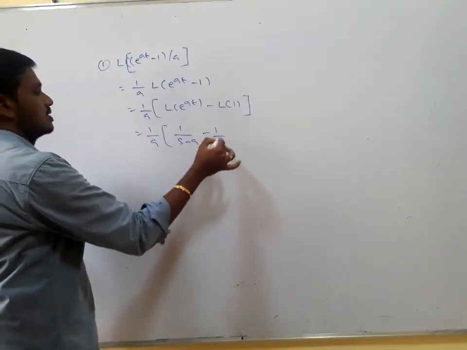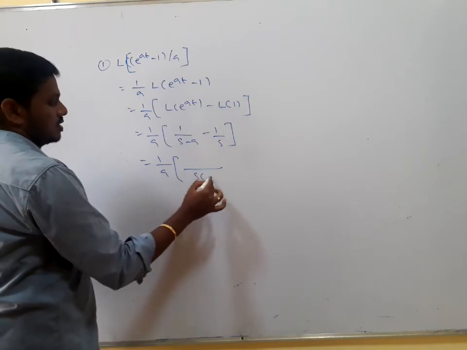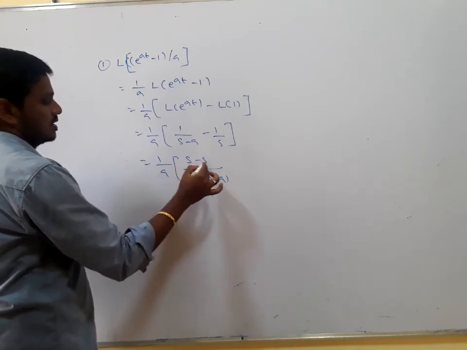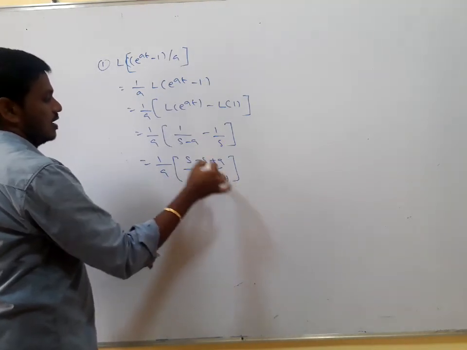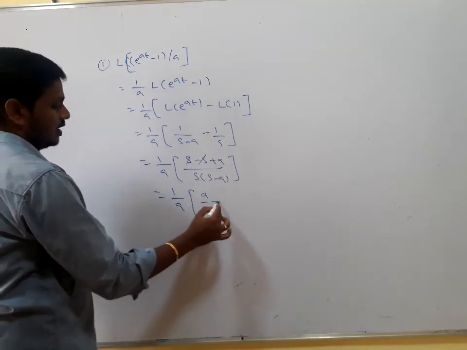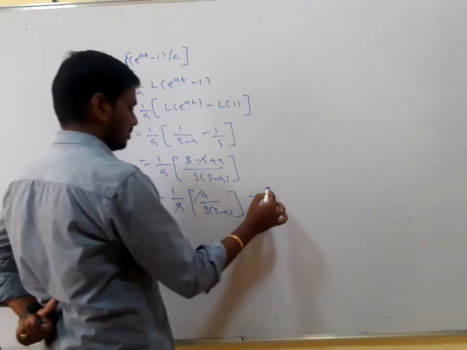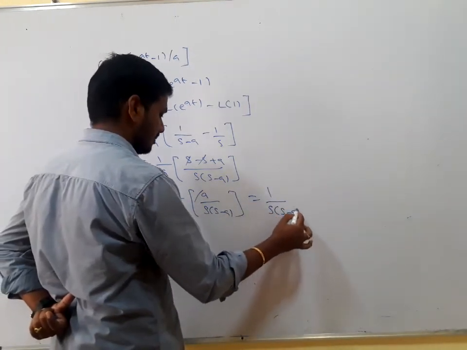Here it is minus 1 by s, which is equal to 1 by a into (s minus (s minus a)) divided by s into (s minus a). The s gets cancelled, which is 1 by a into a divided by s into s minus a. Here a gets cancelled, which is 1 by s into s minus a.